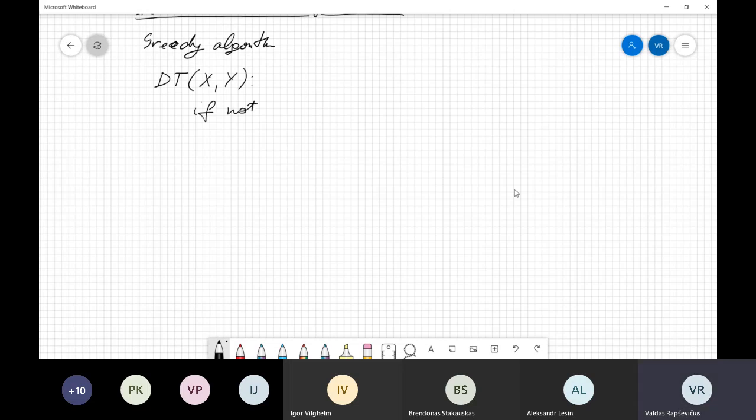If not stop condition, then what we do, if we have not met the stop condition, we will go through each of the steps. Right now I'm giving you just a meta algorithm, the top level. So now we find the feature to split.